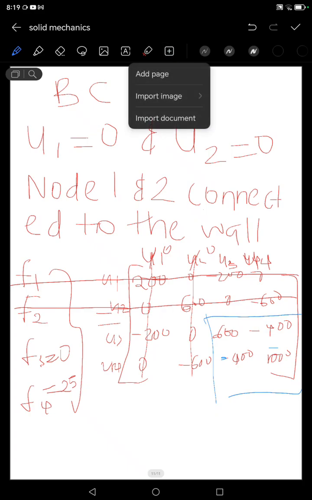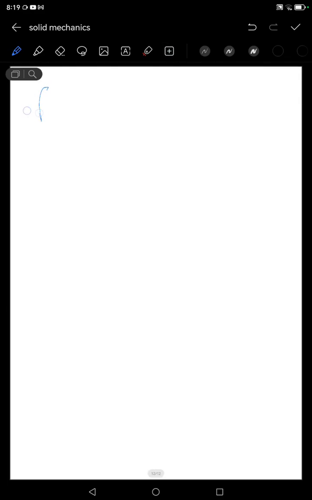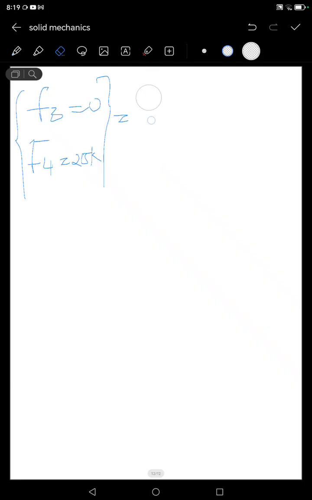Okay, let's move forward. We're going to have F3, which is equal to 0, and then F4, which is equal to 25 kilonewton. Remember we have the stiffness here.